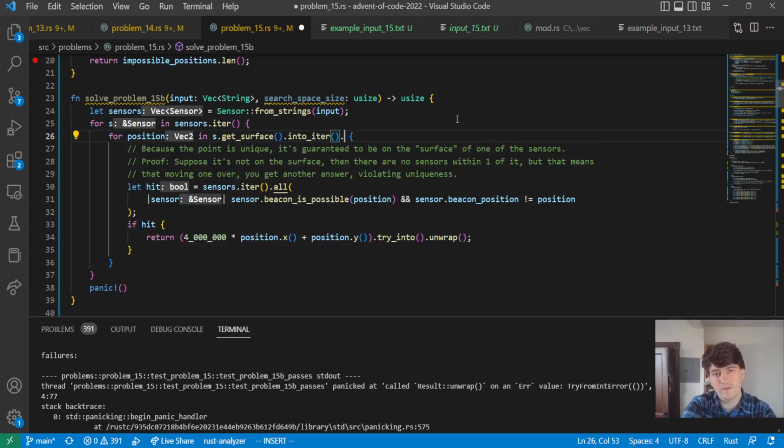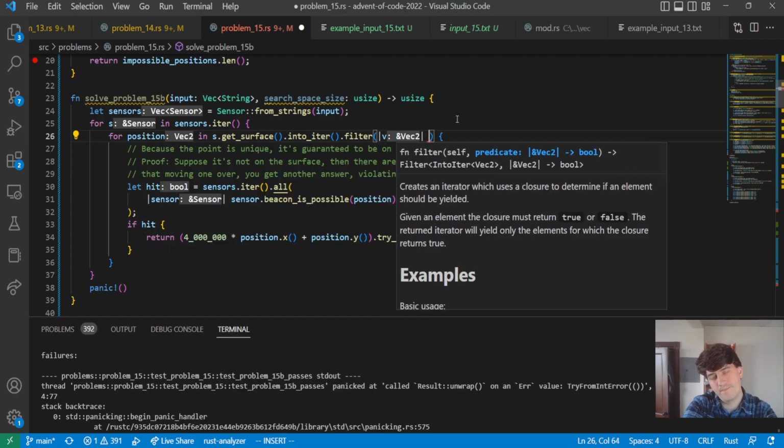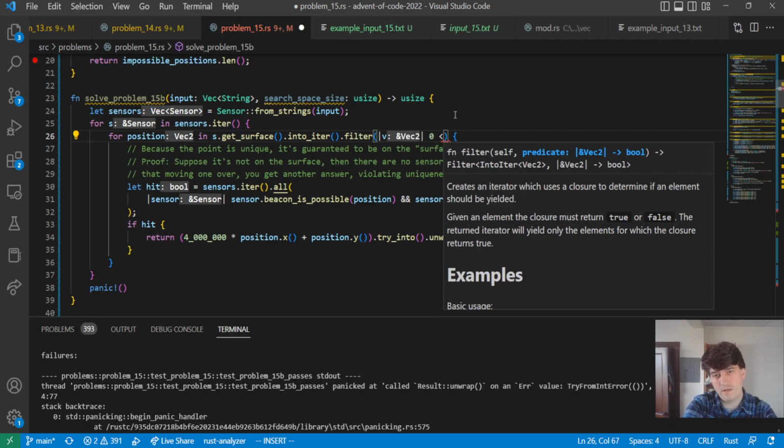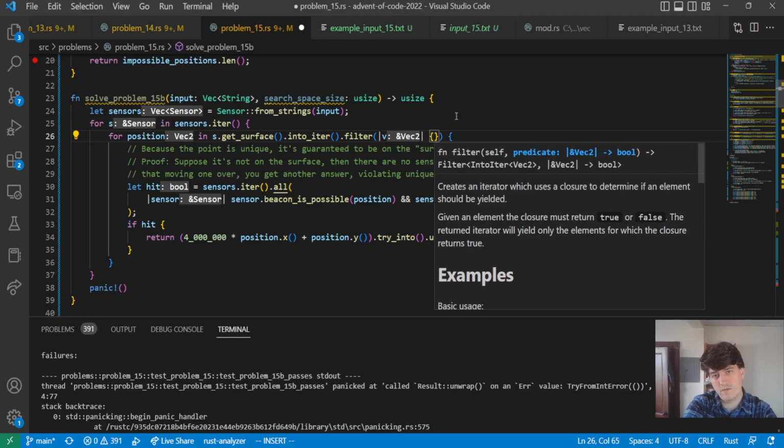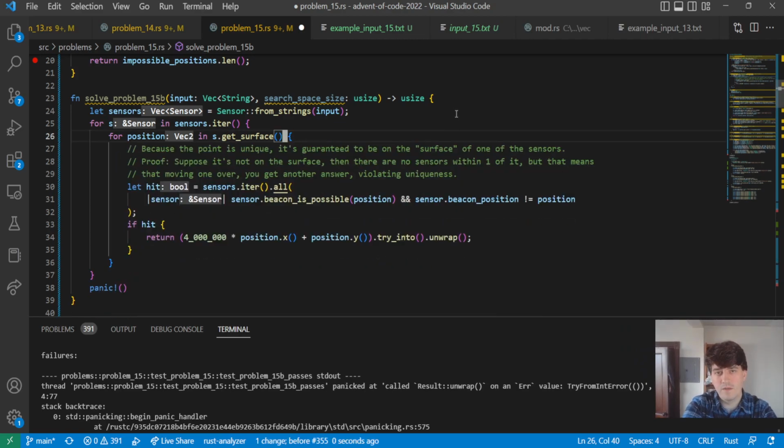So we should say into iter dot filter 0 is less than or equal to, let's just do it this way. Let's do it in a separate line, I guess.